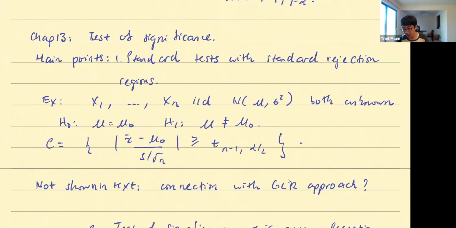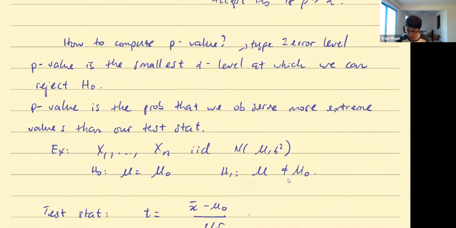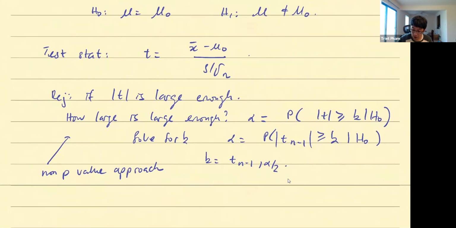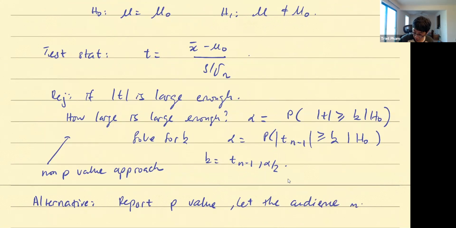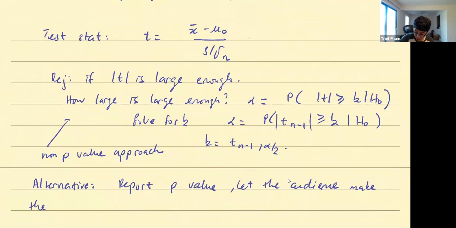And so it's probably better to report the p-value and then let the reader, the audience, make their own decision with their choice of alpha.